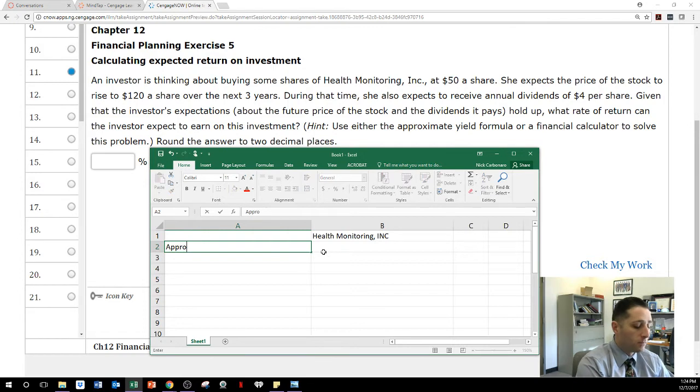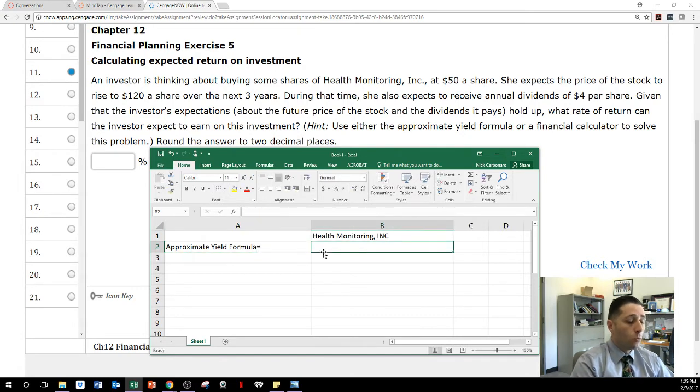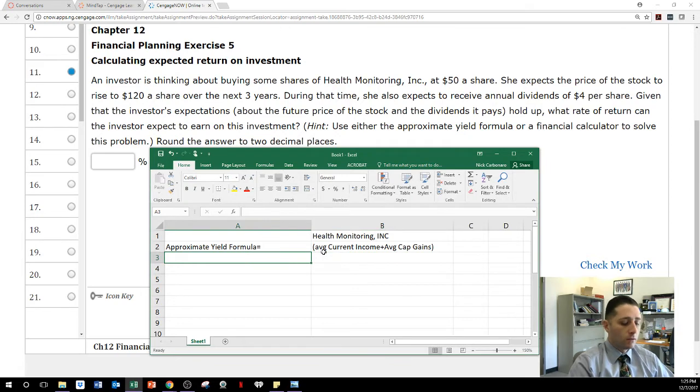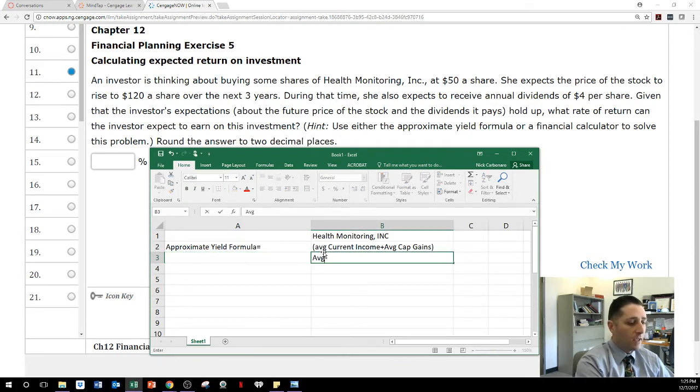Approximate yield formula, which is equal to the average current income plus the average capital gains, all divided by the average value of the investment.